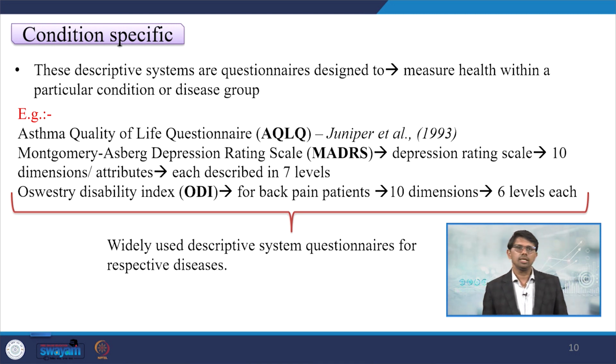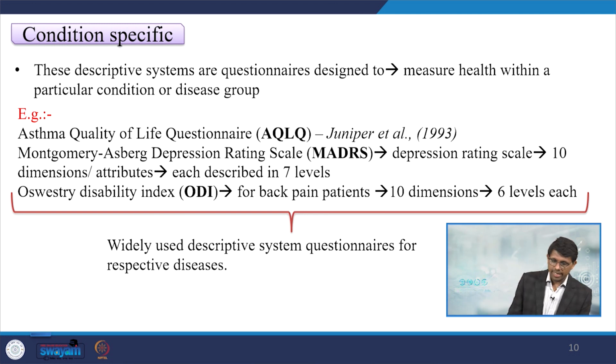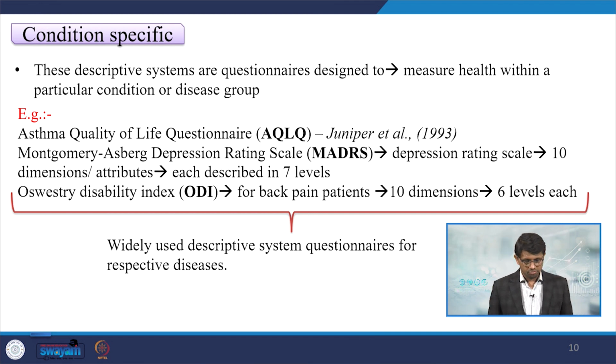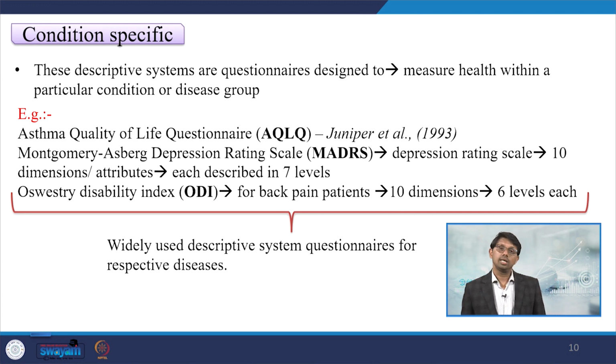We will discuss everything, but in a specific context while referring to QALY and DALY. Another index is the Oswestry disability index, specifically for back pain patients. Again, it has 10 dimensions and 6 levels each, and these are widely used descriptive system questionnaires for their respective diseases.